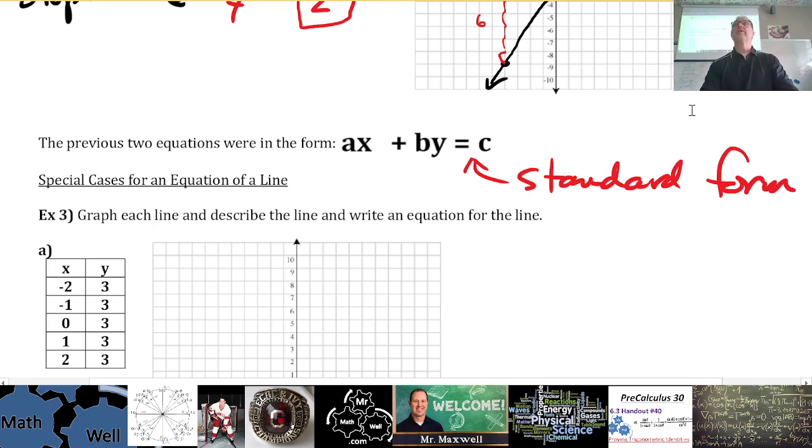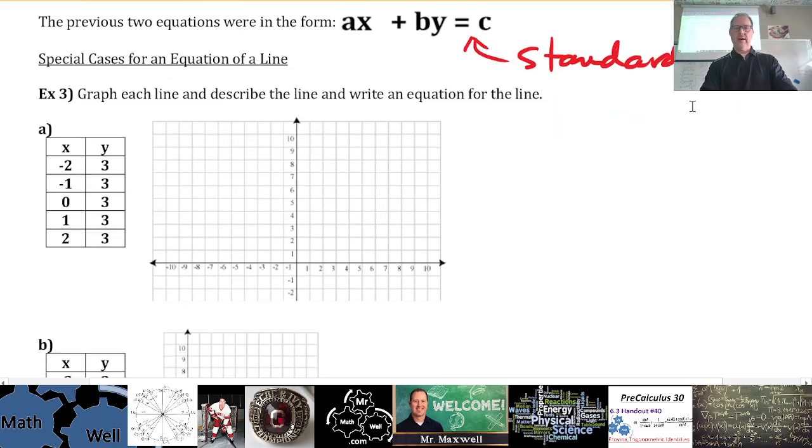And I just want to quickly, in the last 5 or 6 minutes that I have here, talk to you about special cases of a line. Okay, special cases. So if we've been talking about lines that have been slanted, like this, either really steep or really small slope or slanted this way. There are some special cases.